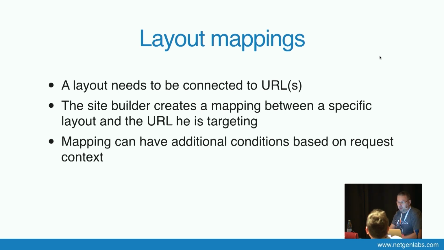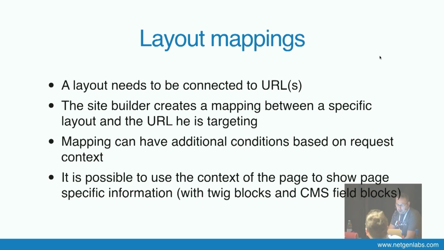Whatever you have, you can condition the mapping. You can also use the context of the page to show specific information. So for example, if you're building a layout for an article, you can use the context of the page to show the fields from the backend. I will show you later, it will make more sense. So this is how it works.